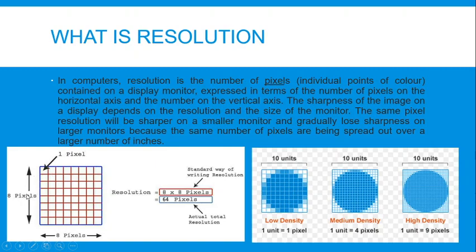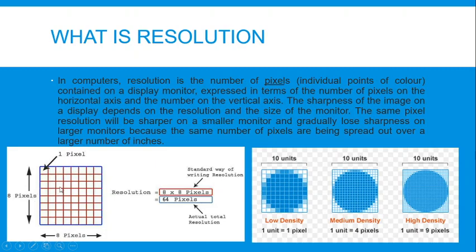On the vertical and the horizontal axis, you can see there are 8 pixels joined together, making this region a study of investigation. So resolution is 8 into 8 pixels. See, 8 pixels from here and 8 pixels from here.